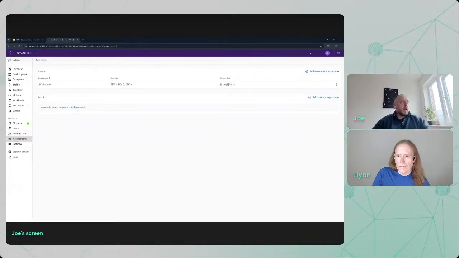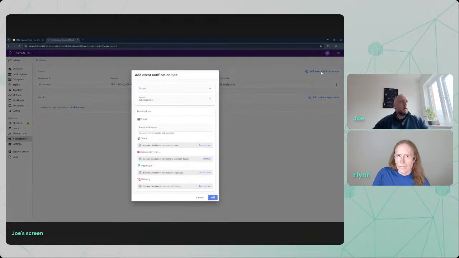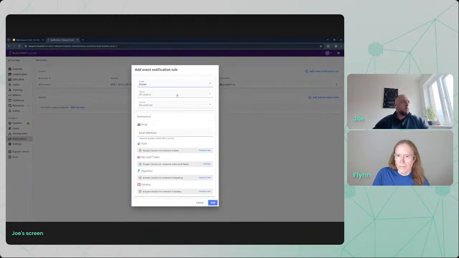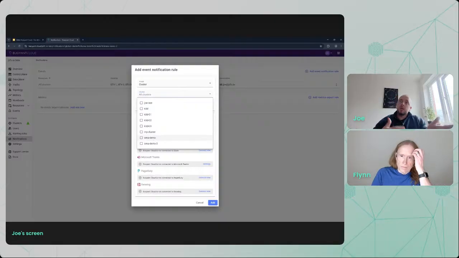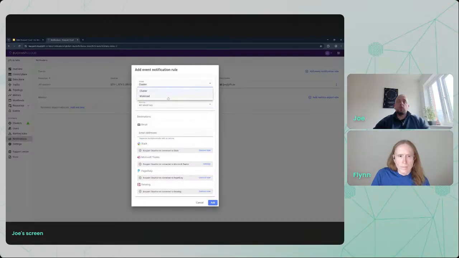So here's where you can add these notification rules. You can set them on different clusters again, because you might have development clusters, test clusters, UAT, production, and the same for workloads. You might have critical workloads, non-critical workloads. You might split your applications like that, and it's like, okay, I want a different set of notifications configured for my critical apps.